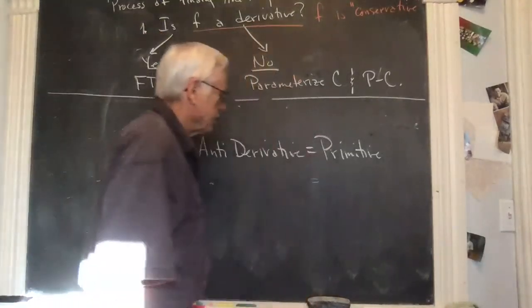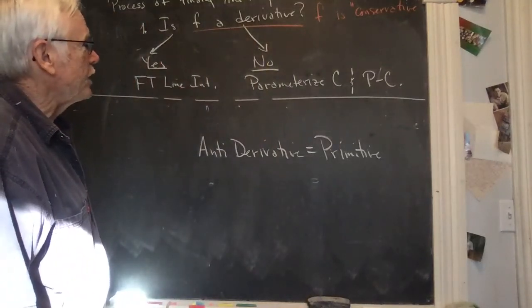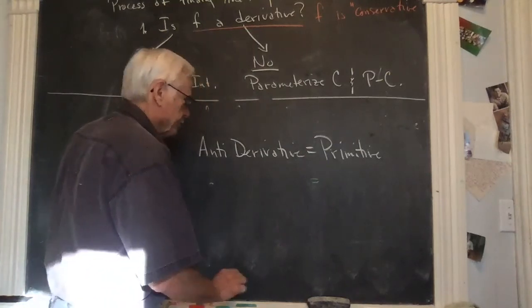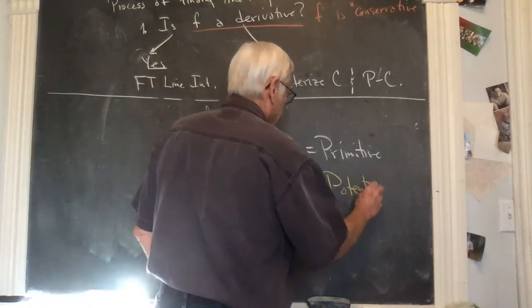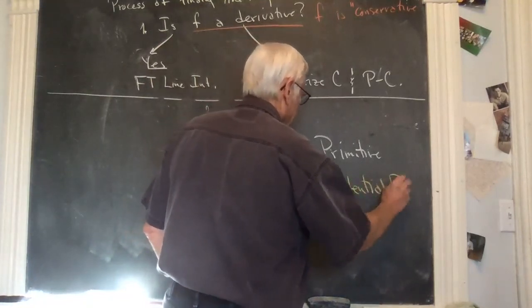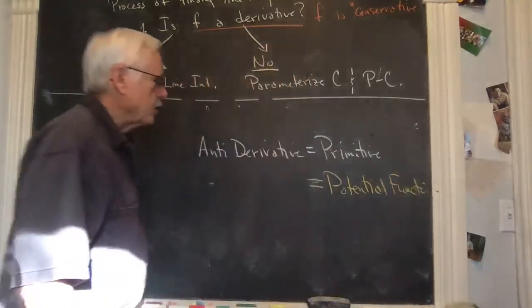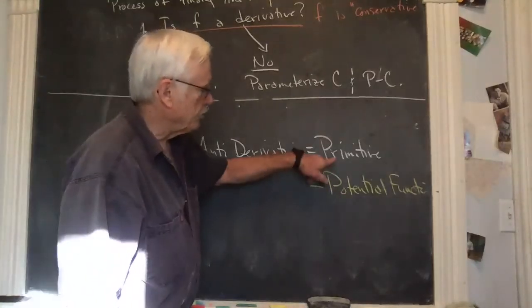The antiderivative of a conservative vector field is called a potential function. Physics calls this the potential function. So if you're given a conservative vector field, it has a potential function, meaning an antiderivative.